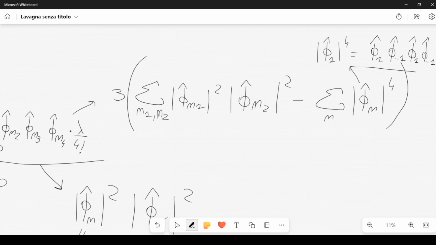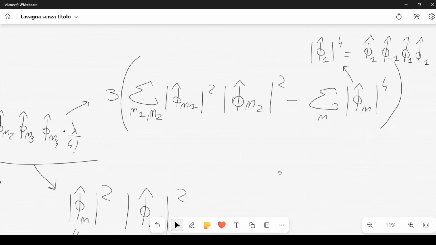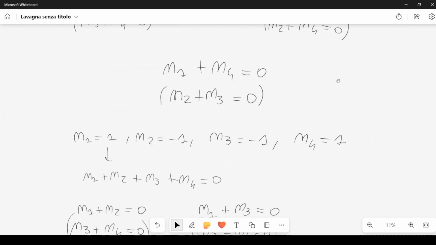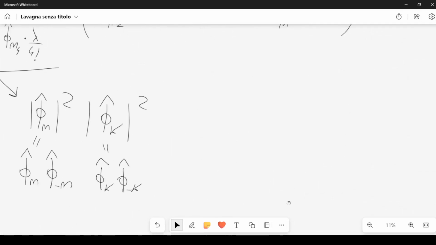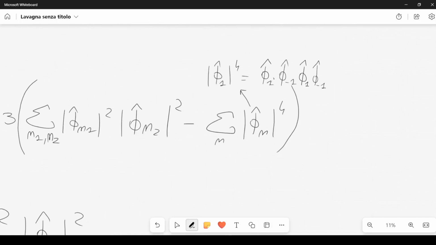For example, this is exactly, or it is similar to this condition here, where n1 is this value, then we have n2, n3, for example, I've written it here, so this is n3, and then n4 is equal to 1.